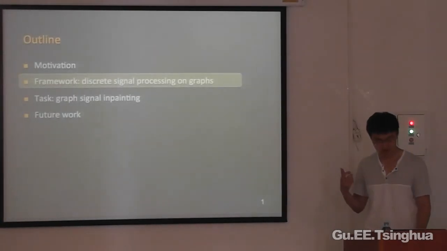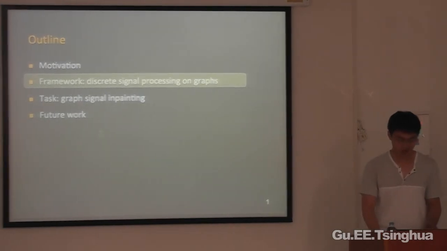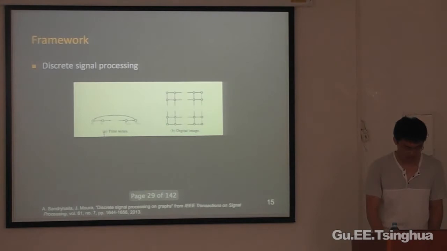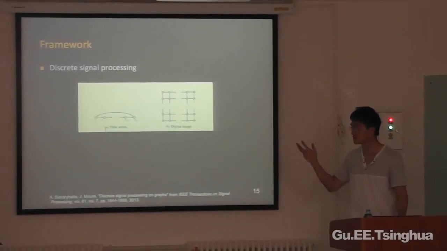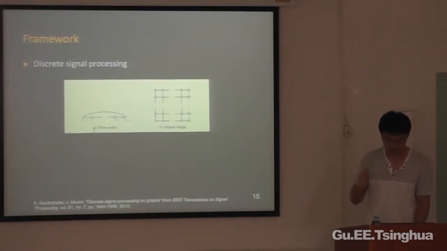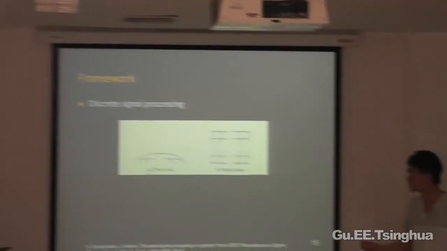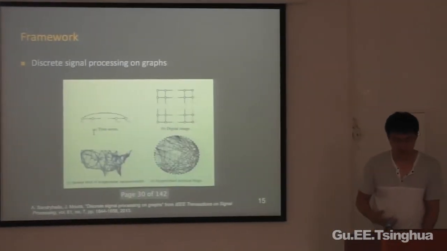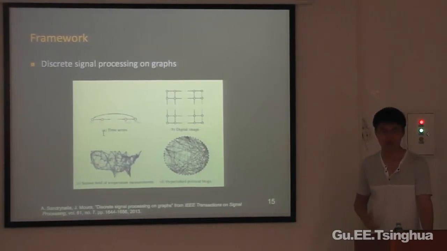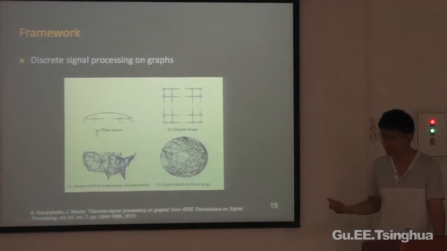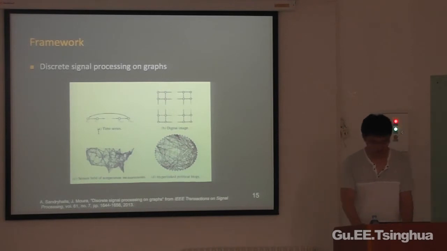I will talk more about the framework of DSP on graphs and give you more intuition. Still we go back to classical DSP, where the structure behind is what we often consider: time series and digital images. But nowadays we have more complex data, like sensor networks, logs, or web pages. There is a lot of information on those structures, and we want to process it. So we need these new techniques.